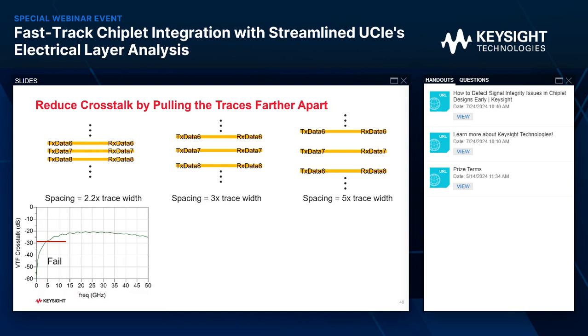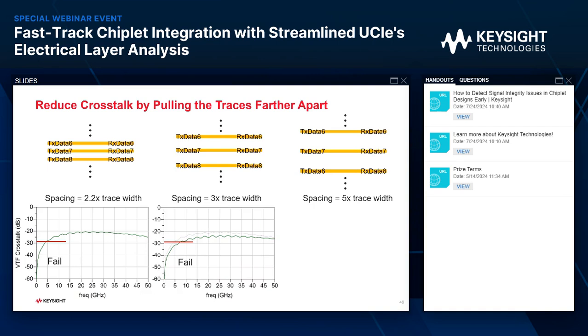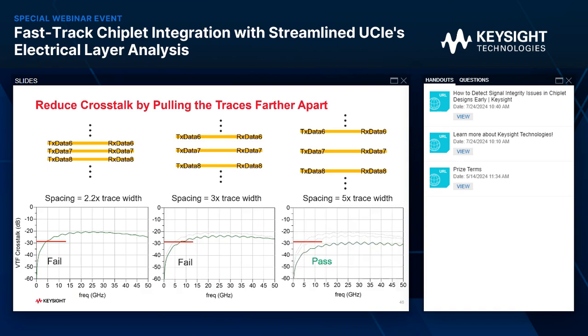And we would expect we will get closer and closer to passing as we increase the spacing. Let's see, when we increase it to 3 trace width, we're closing in on the passing line, and boom, when we are 5 trace width apart, we pass that VTF limit line for crosstalk.